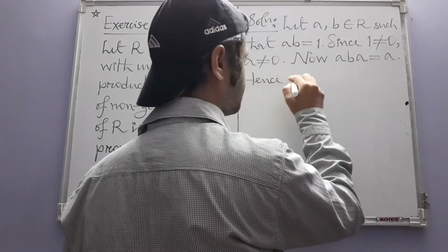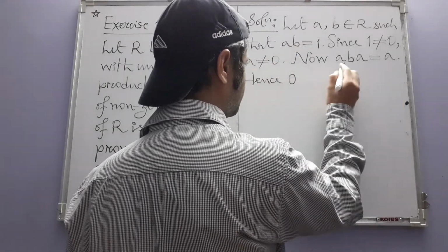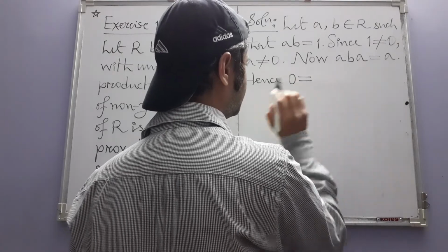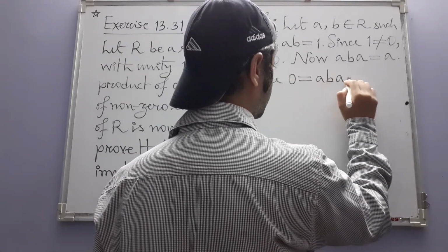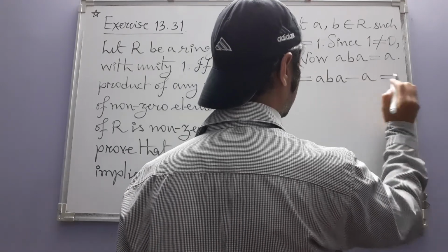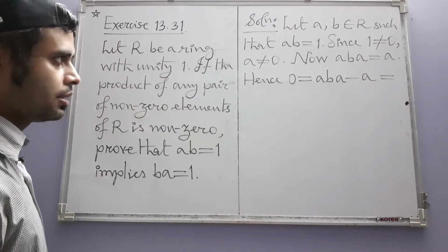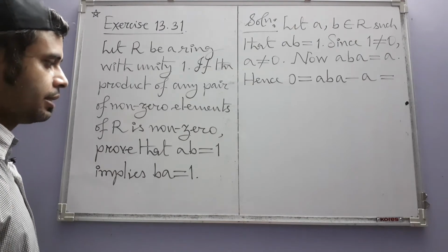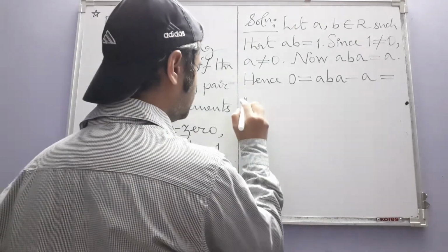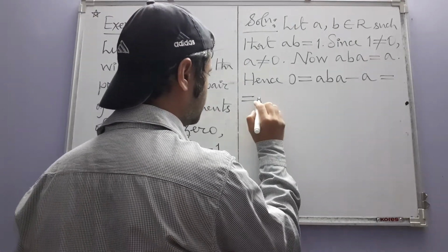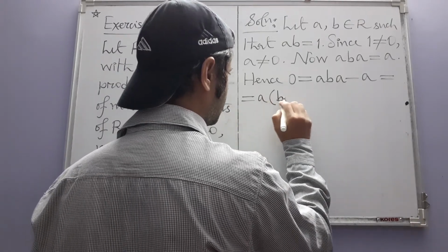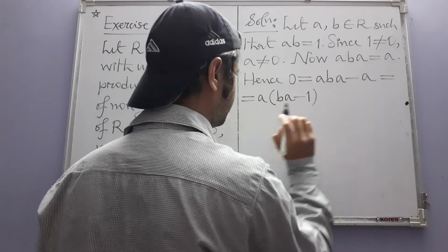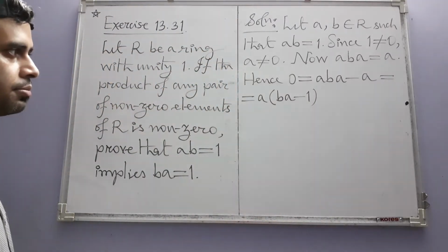We can in fact do the entire calculation that comes next in one line. So from the previous equation, we get 0 equal to ABA minus A. Now using the left distributive law that is there in the ring, you can take A common out in such a way that you have A times BA minus 1.